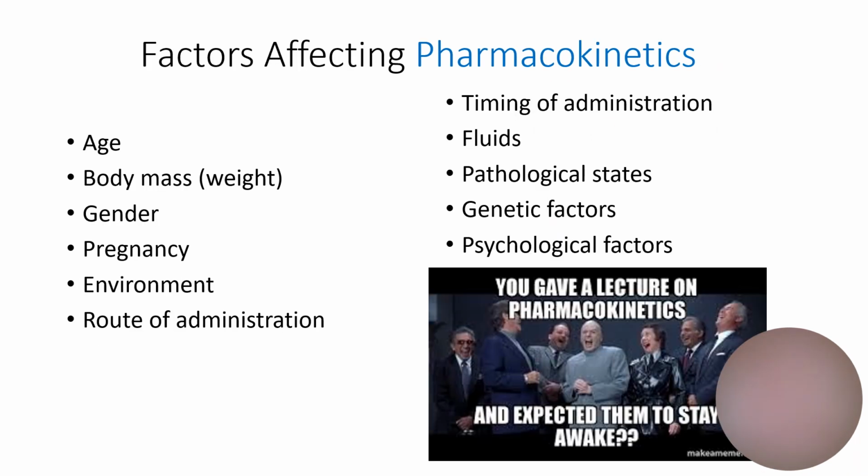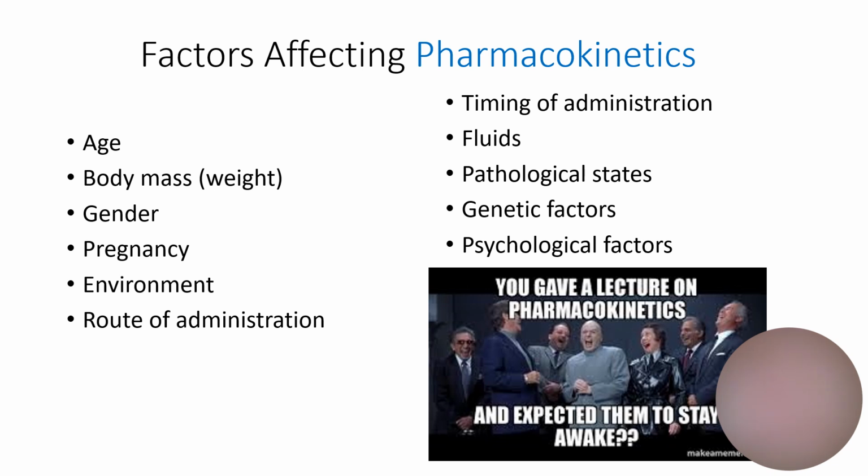So other factors affecting pharmacokinetics: you have age. Infants and little kiddos require smaller doses because their bodies are smaller, right? So usually their doses are weight-based. Elderly typically have lower functioning kidneys and liver, which can result in lower excretion and therefore toxicity of meds. Your body mass: right now, medication dosages are calculated for the average weight, which is about 150 pounds.